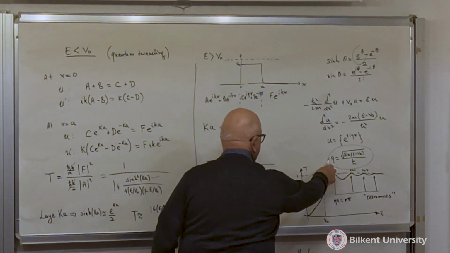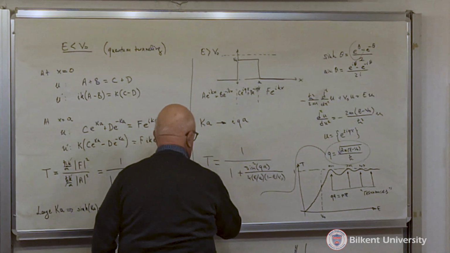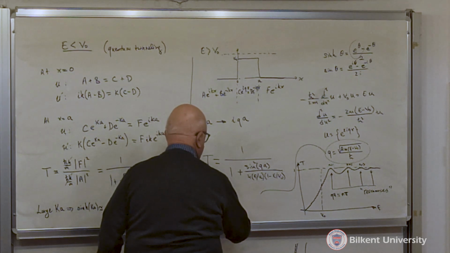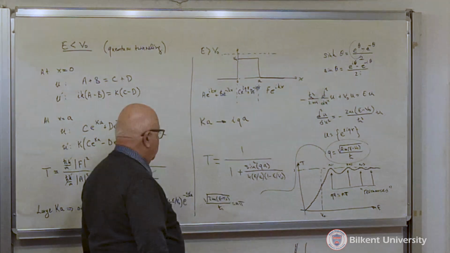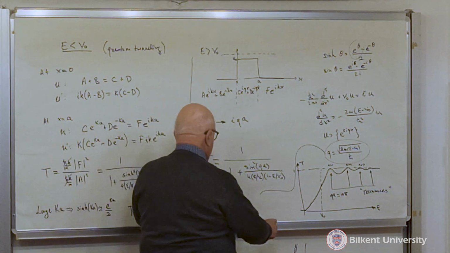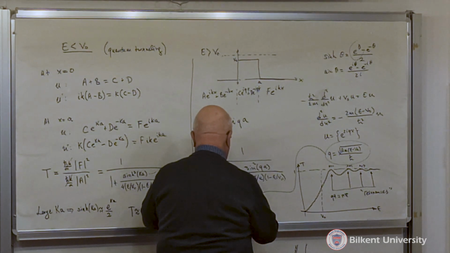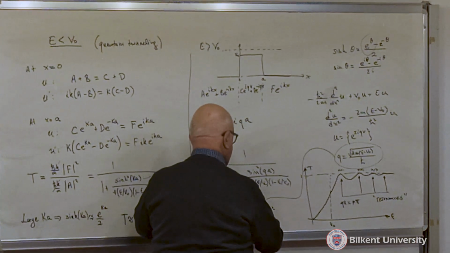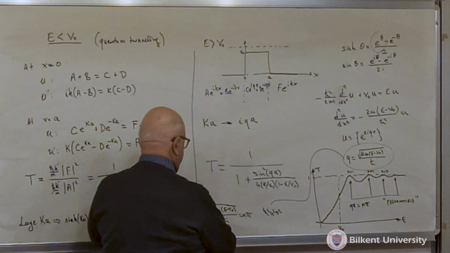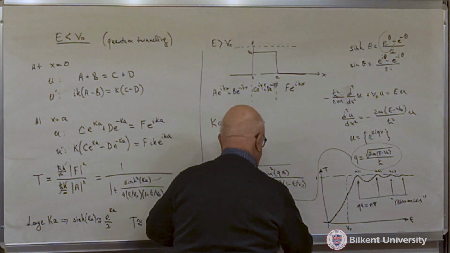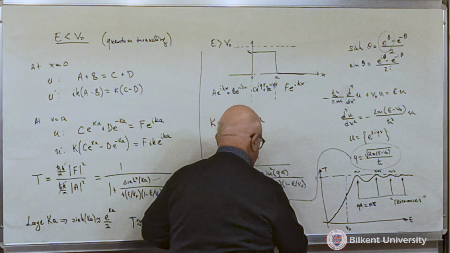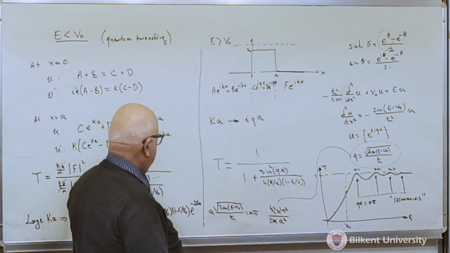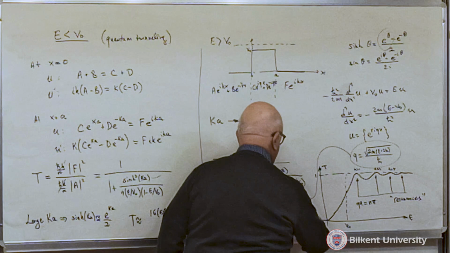So the resonances are at the square root of 2m(E minus V0) over h bar being equal to n pi, or, I forgot to multiply by a, so this is a times Q, so the values of E minus V0 are h bar squared n squared pi squared divided by a squared times 2m.